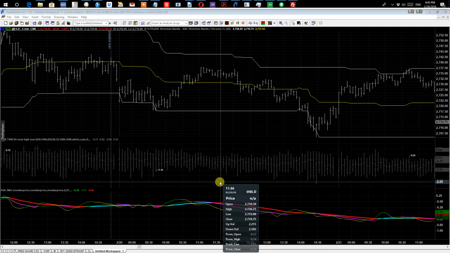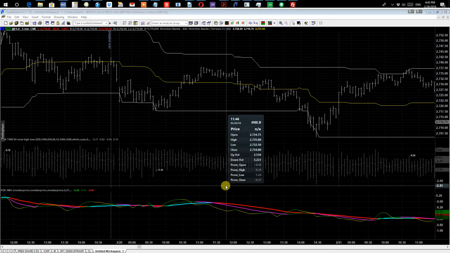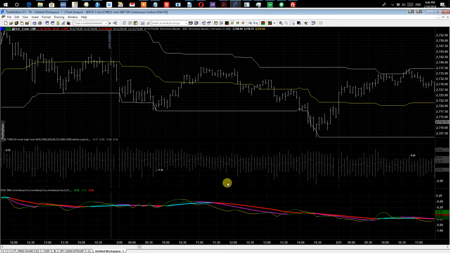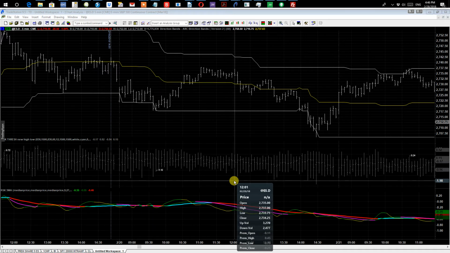It fiddles around up there, again drops, and then we get a much bigger drop here, followed by, look at the highs, a lower high here compared to the previous bar, a higher high, and then a lower high again, and then down she comes. Boom.